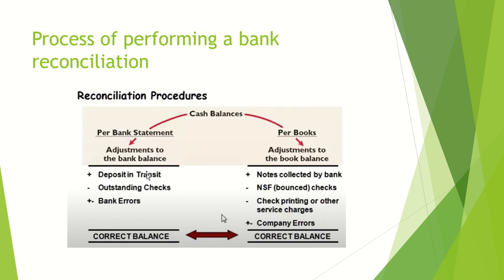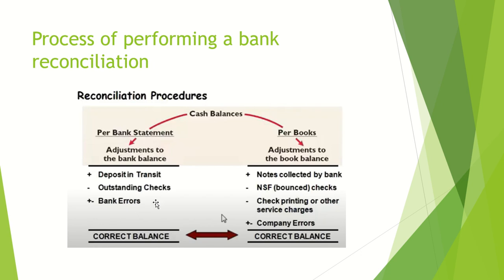Now, again, all these items you see here on the bank side are items that are already shown on the book balance at the beginning of the reconciliation. Conversely, all of these items that you see underneath the book balance are all items that are already shown at the beginning of the bank balance that's shown in the bank statement.